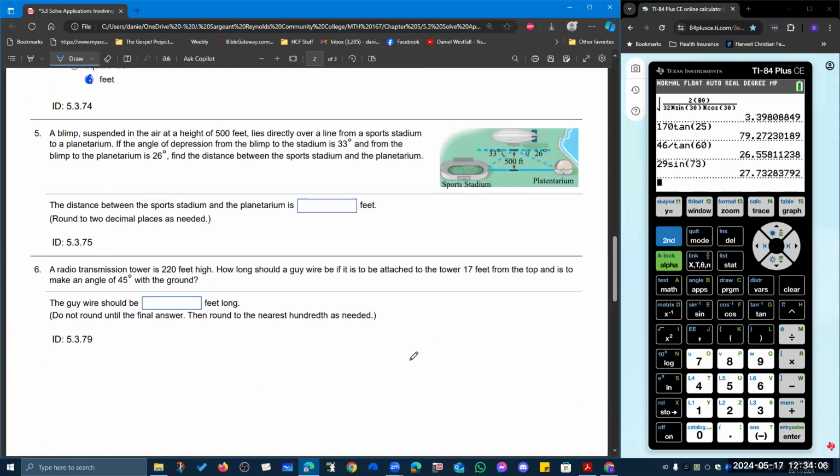A blimp suspended in air at a height of 500 feet lies directly over a line from a sports stadium to a planetarium. So that is 500 feet.